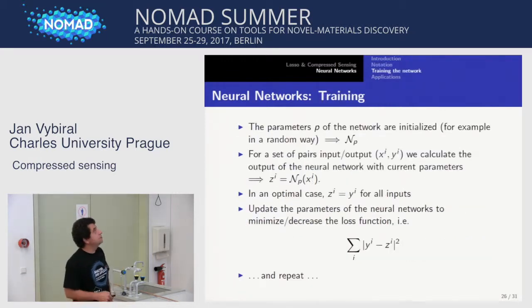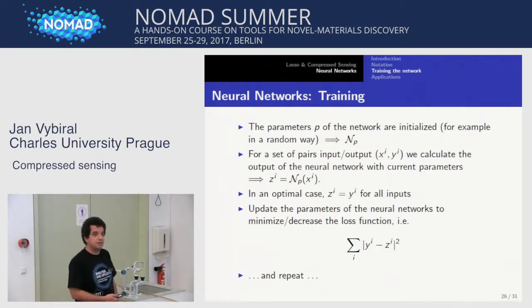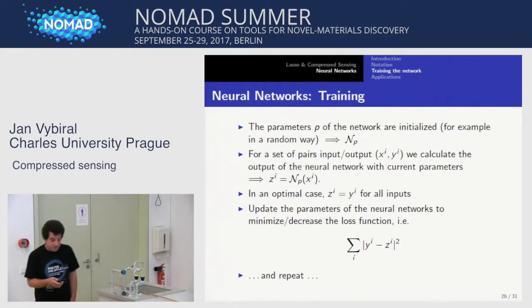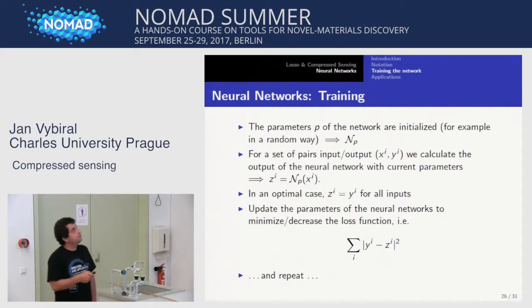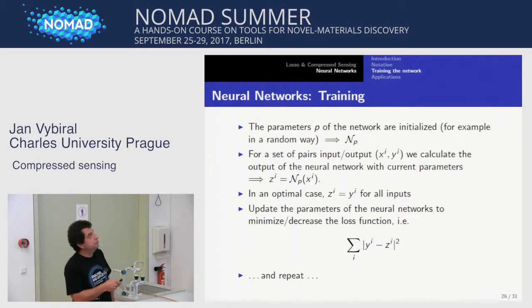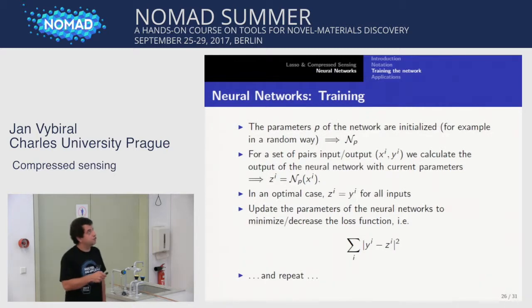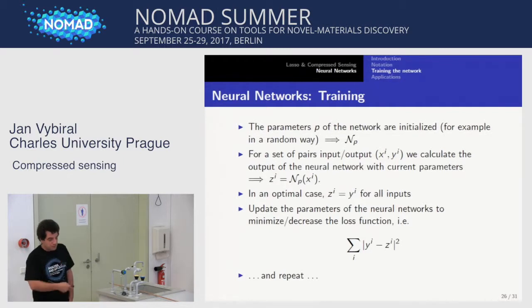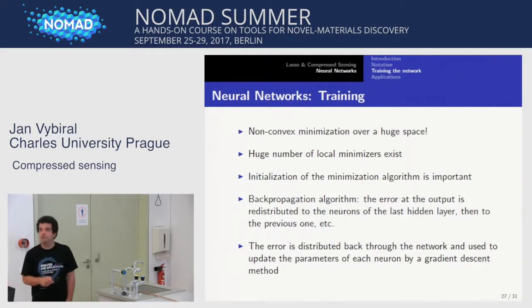There is an algorithm, the training of the neural network. There is some initial data provided in the beginning, and you have some idea about what the outcome should be, and you try to fit the parameters in such a way that in the optimal case the output of the neural network indeed coincides with what you actually measured or what the data was. This is then processed through the whole network, and essentially you find a local minimum in a huge non-convex optimization problem.